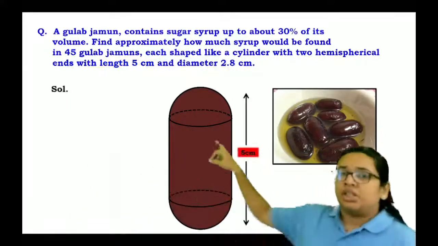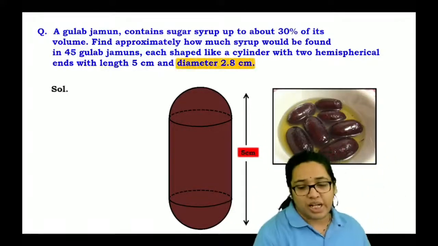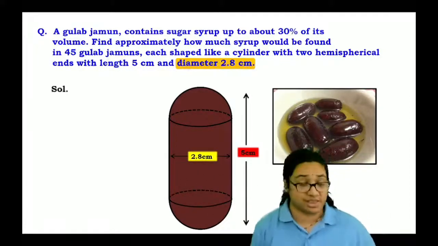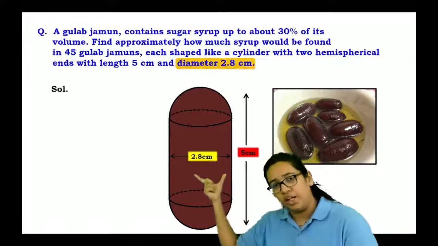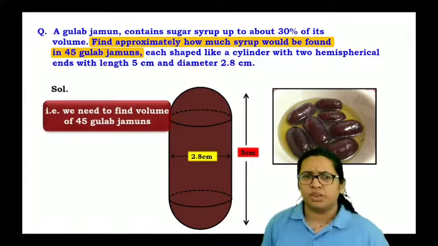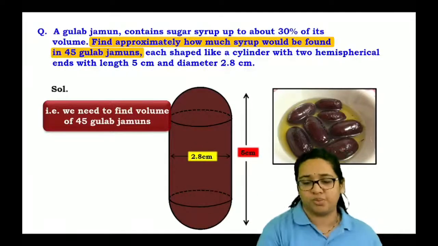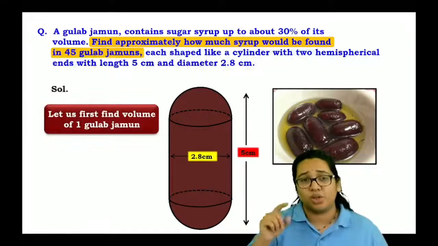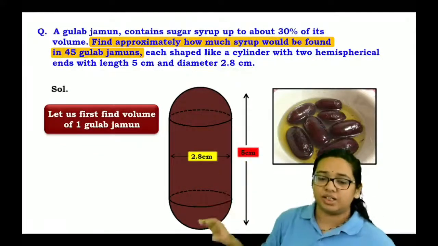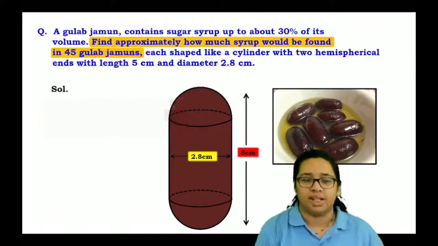So the length of one jamun is given as 5 centimeter and its diameter is given as 2.8 centimeter. Again, we have the value for diameter. So, using this, you have to find out what the radius will be. So, for the volume of 45 gulab jamuns, we just have to calculate the value of one jamun, which is nothing but a cylinder and two hemispheres.